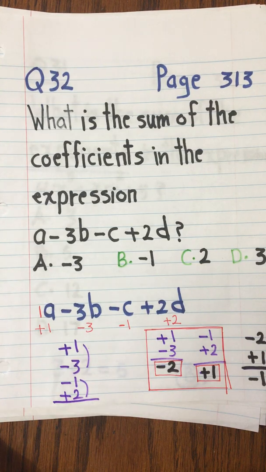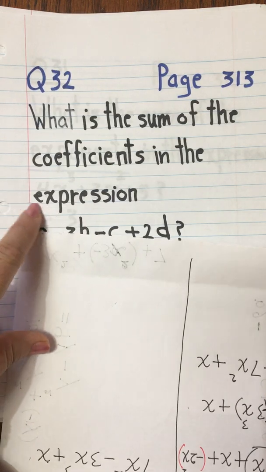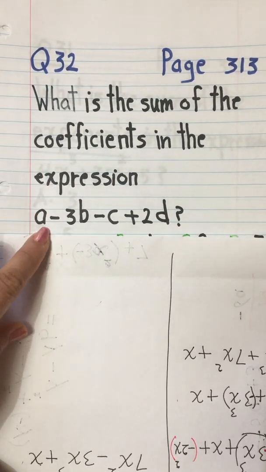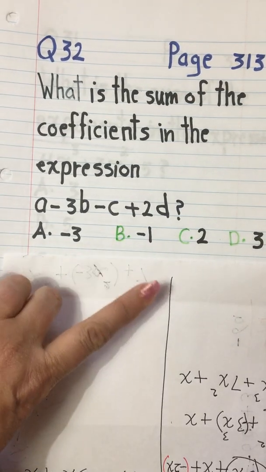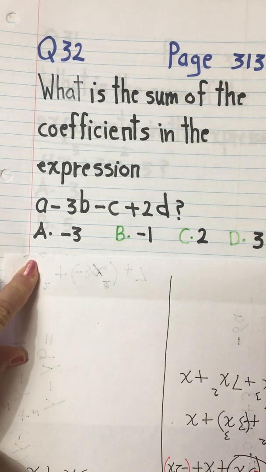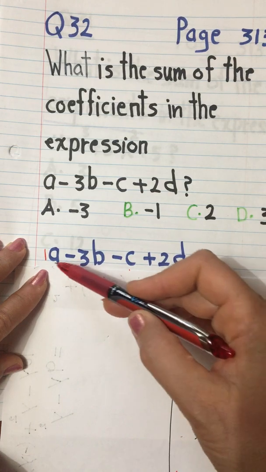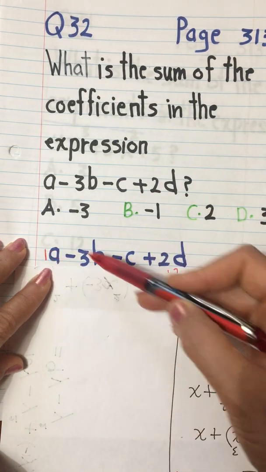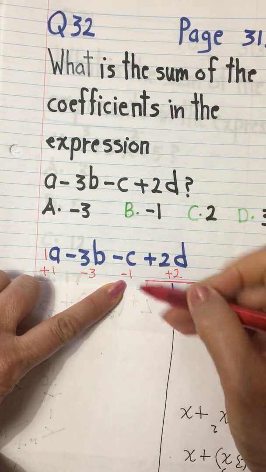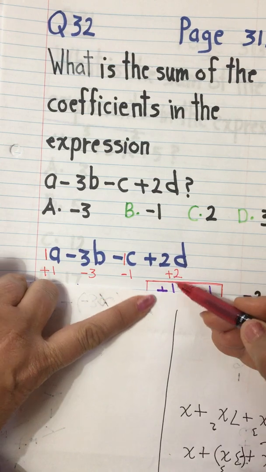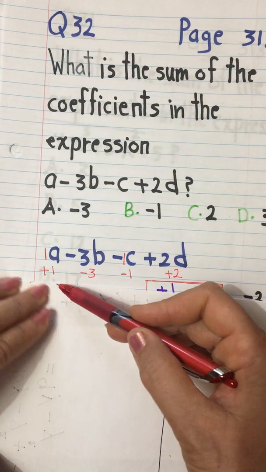Question 32. What is the sum of the coefficients in the expression? I have 1, 2, 3, 4 terms, and the answers A, B, C, D. I'm going to write down the expression: this one, the coefficient is 1, this one is negative 3, and this one is negative 1, because I have 1 right here. And the fourth term, positive 2. Let's add them.